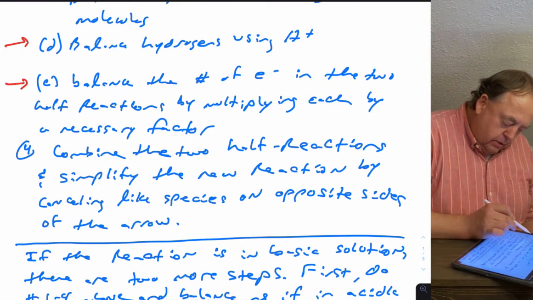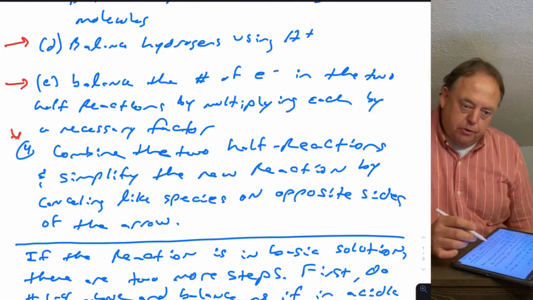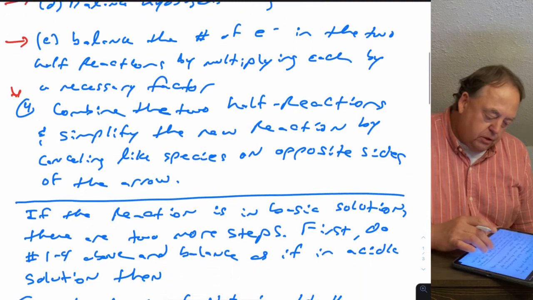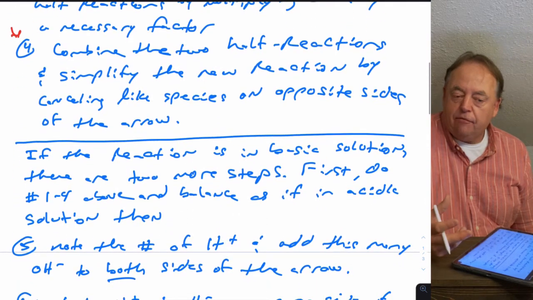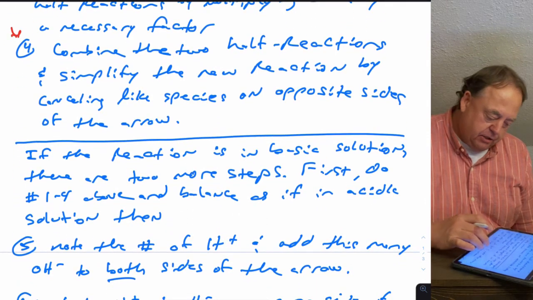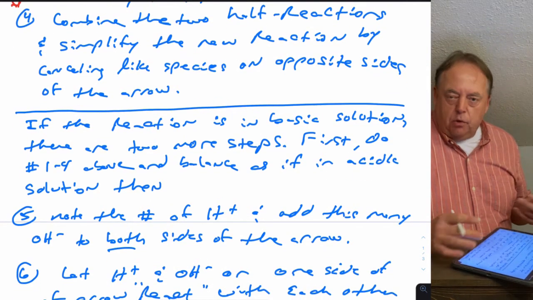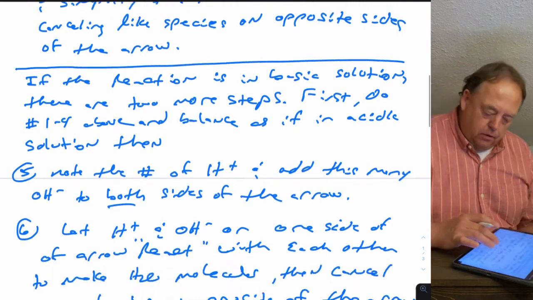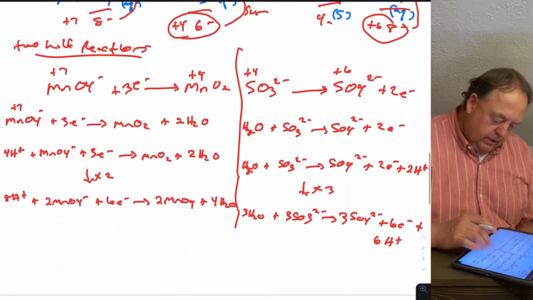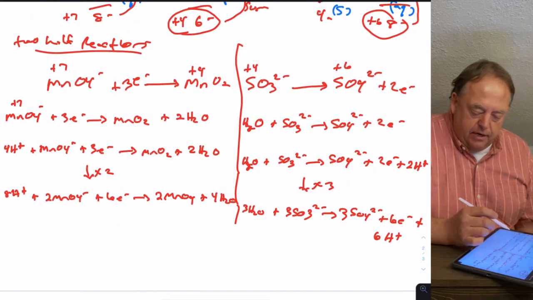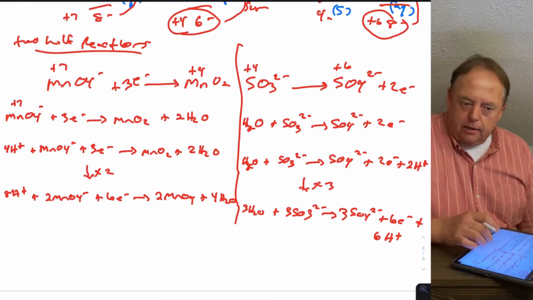So now that the electrons are balanced between the 2 half reactions, we go on to step 4. So now we need to recombine the 2 half reactions to make 1 reaction. And then after we do that, we're going to cancel like species on opposite sides of the arrow. So everything on the left of the arrow stays to the left, everything on the right of the arrow stays to the right.